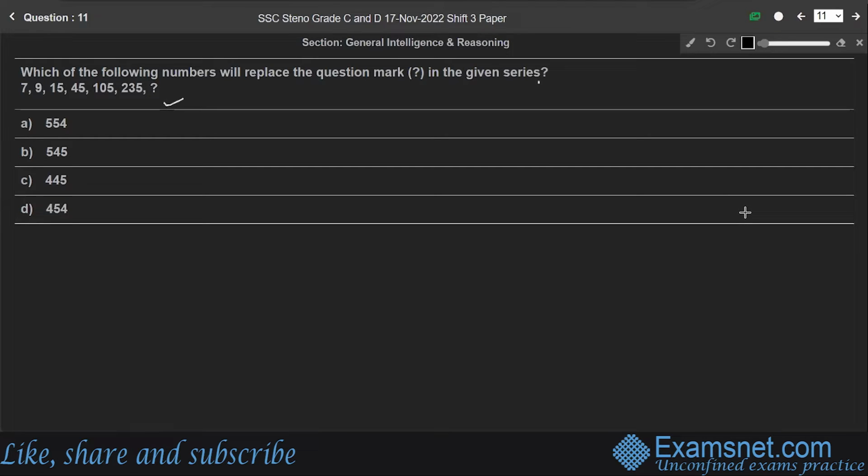Question number 11. Which of the following numbers will replace the question mark in the given series? Here the first number is 7. Second number is 9. So I can write 7 plus 2 as 9. Third number is 15, so 9 plus 6 is 15. Next number is 45. So 15 plus 30 is 45.